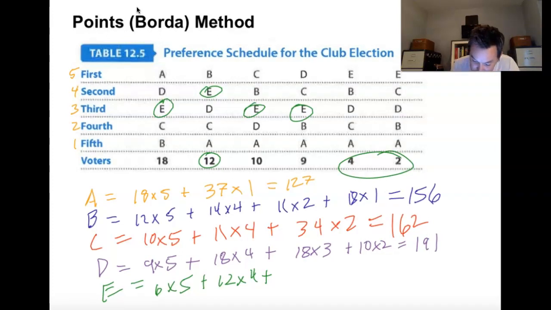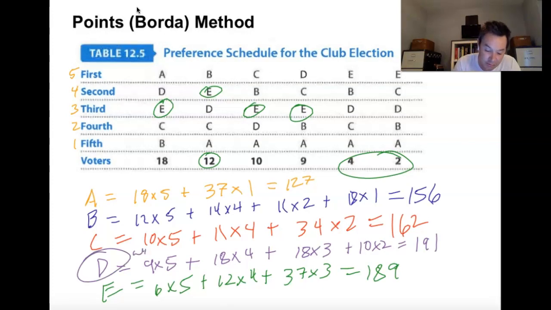So 28 plus 9 is 37 third place votes, so 3 points for each of those. No fourth place, no fifth place. So 6 times 5 plus 12 times 4 plus 37 times 3, 189. So our winner by Borda count, candidate D, with 191 points.